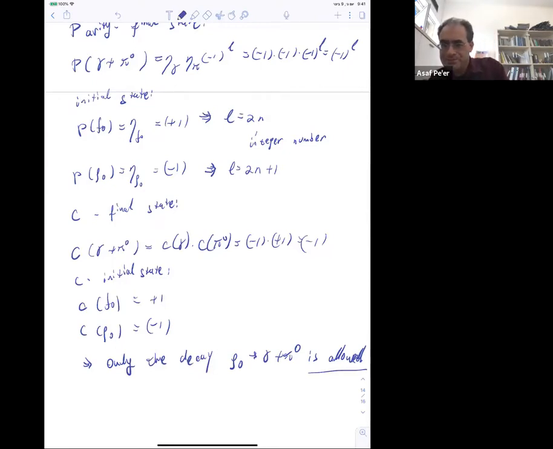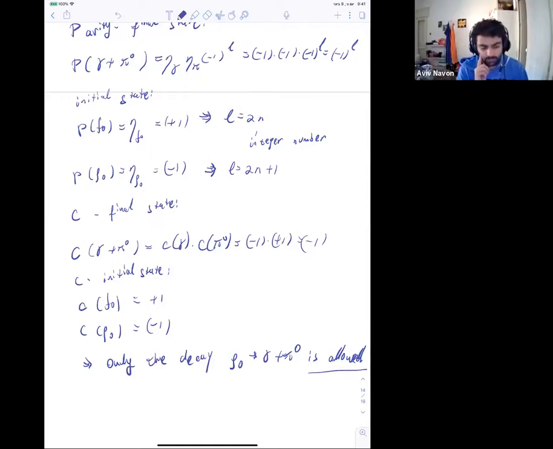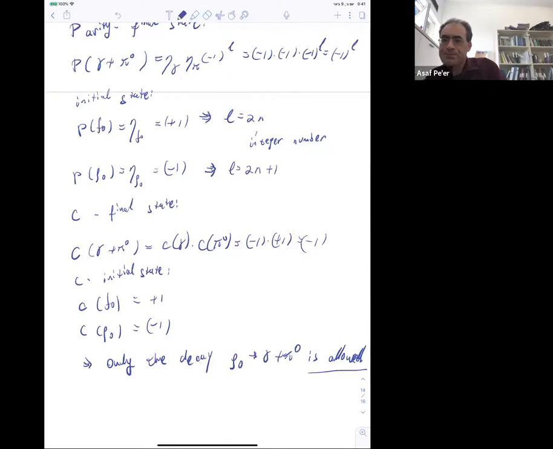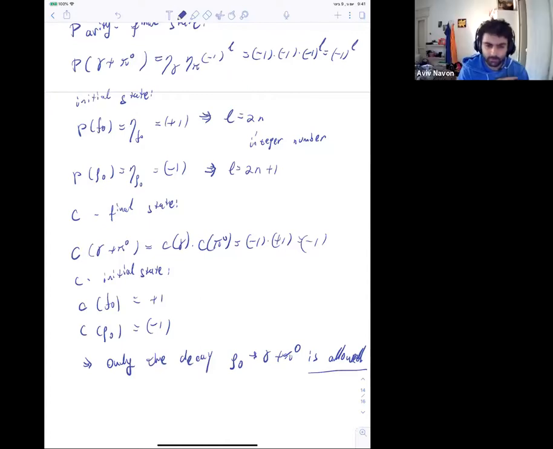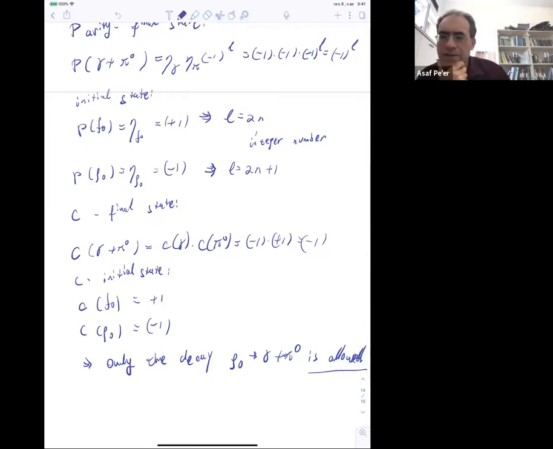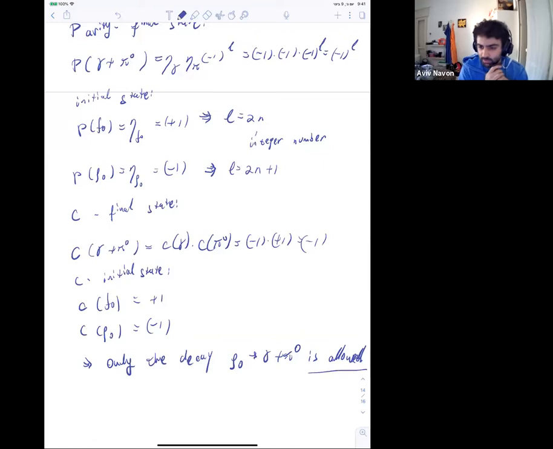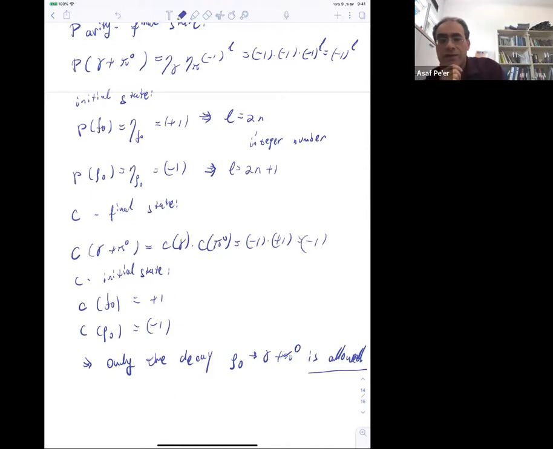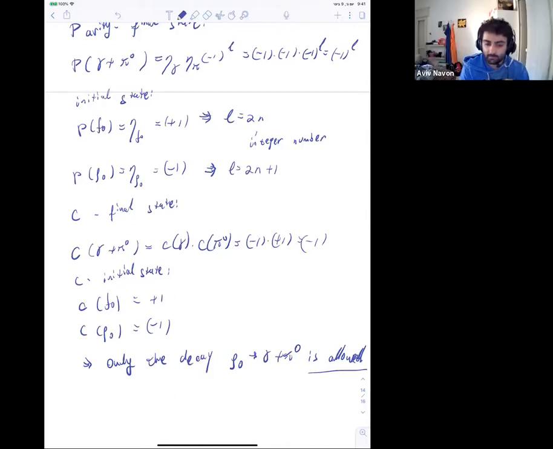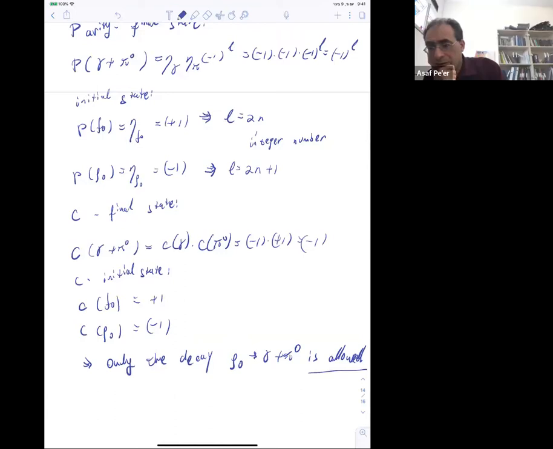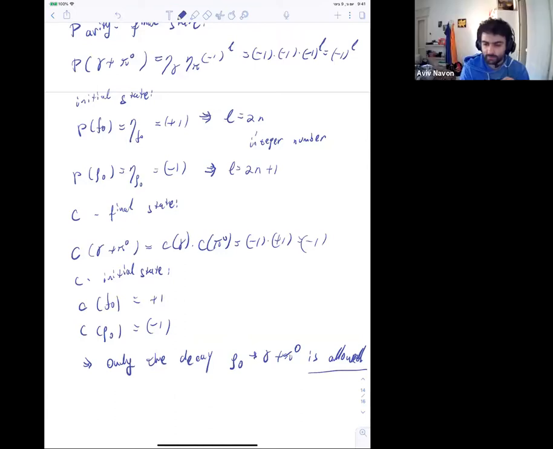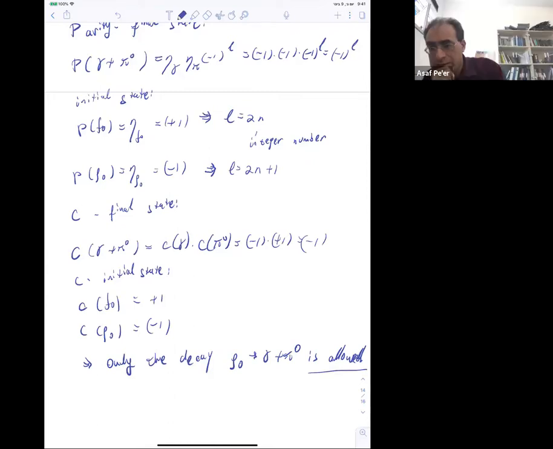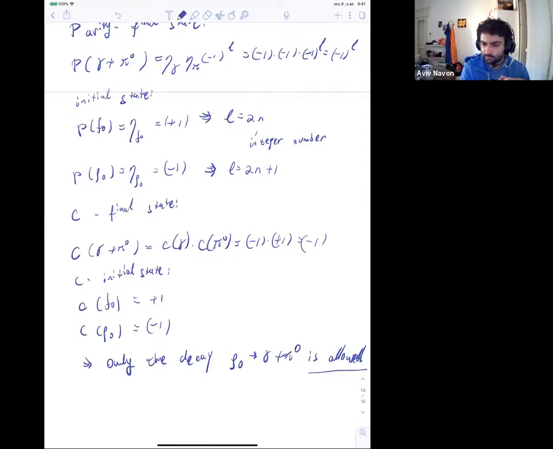Questions? I have a question. We said earlier in the course that the photon doesn't have any sort of charge, and yet its charge parity eigenvalue is minus 1.